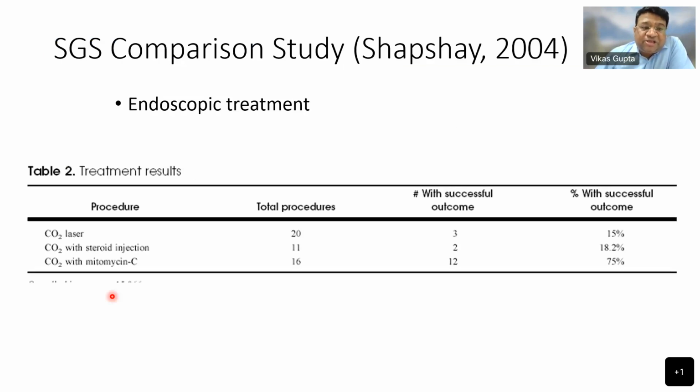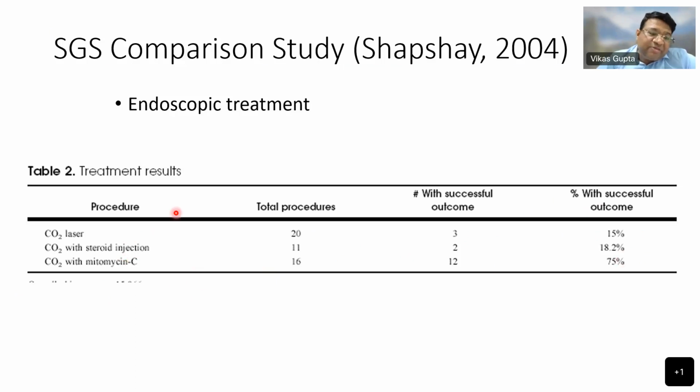In the studies where it has been used along with the CO2 laser, 15% of the patients had a successful outcome. Along with the steroid injection, 18% had a successful outcome. But with mitomycin C, 75% of patients had a successful outcome. Here, successful outcome means that the patient could be decannulated.